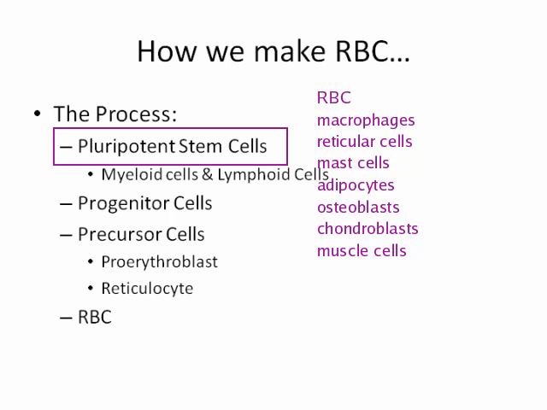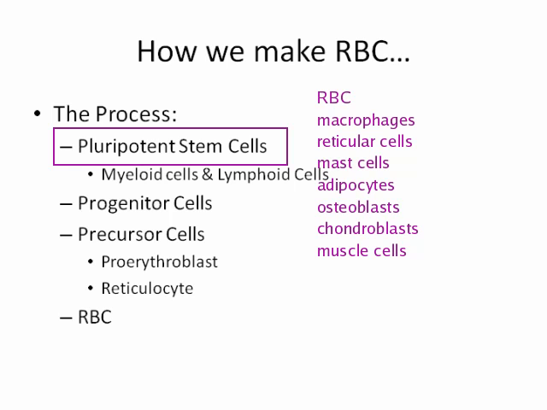So we're not just locked in to these pluripotent stem cells strictly becoming red blood cells. Sometimes they will start the production process for red blood cells. Sometimes they will differentiate and start the process of becoming macrophages, reticular cells, mast cells, adipocytes, osteoblasts, chondroblasts, or muscle cells.